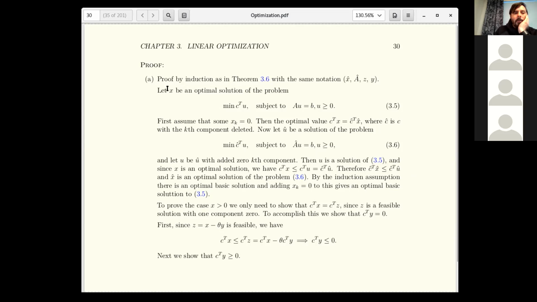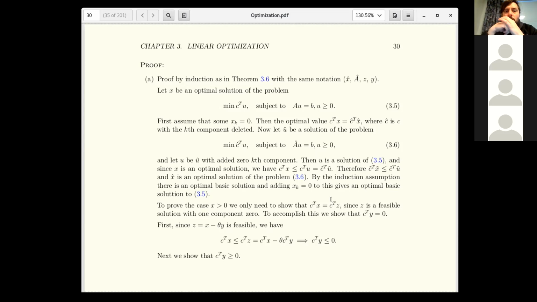And we have an optimal solution to that. So again, we do this in the same way as before. Obviously, if this is a square matrix, then there is only one possible solution, the one point that satisfies ax equals b. And if that's a feasible solution, it's the only feasible solution, so it's also the optimal.